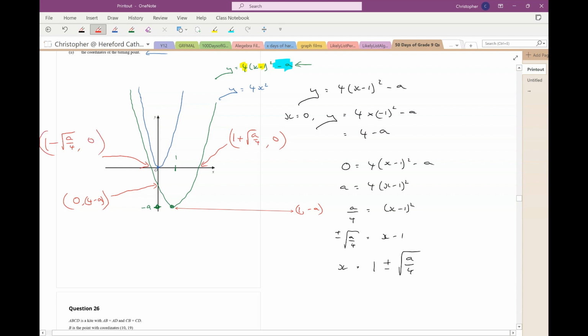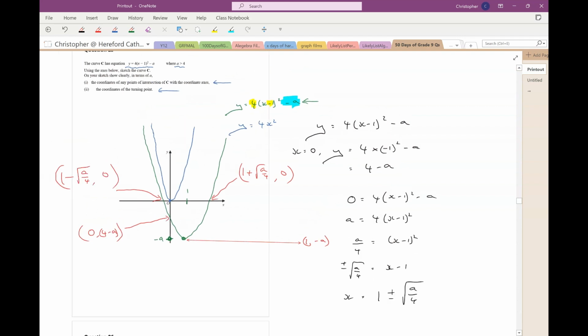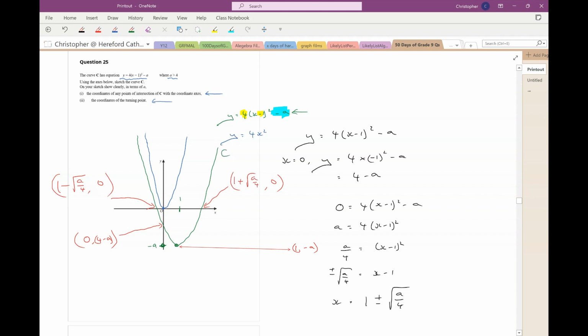And that is, I think, my complete solution. Let's have a look. Sketch the curve C, I suppose I could label it, showing the coordinates of any points of intersection with the coordinate axes, done that, and showing the coordinates of the turning point, done that. That's question 25 complete.